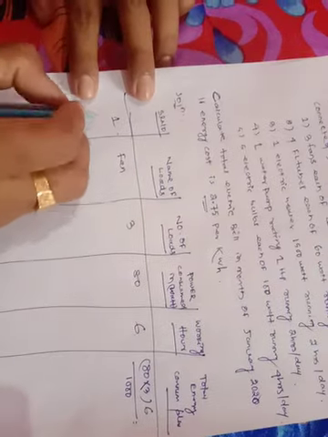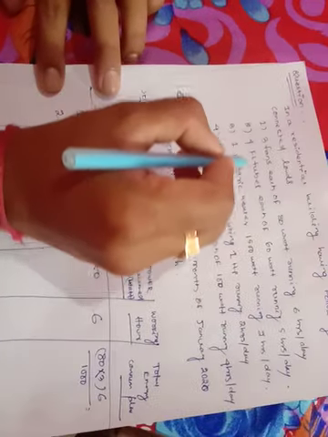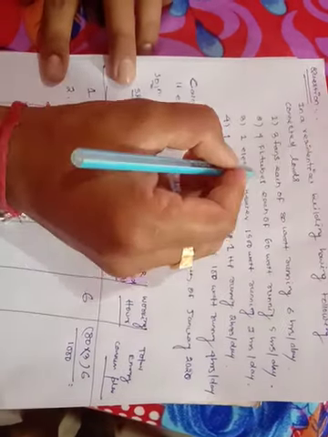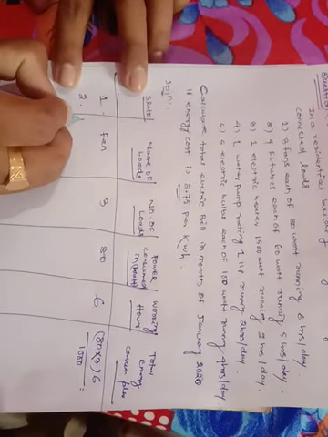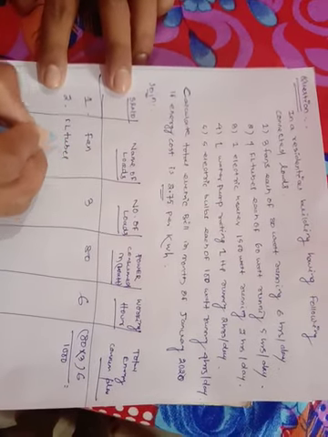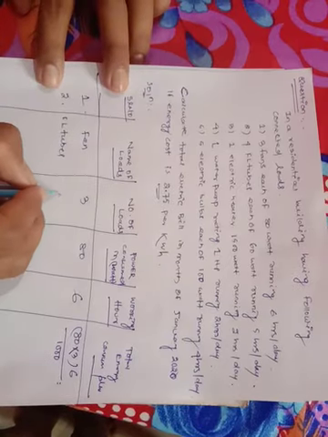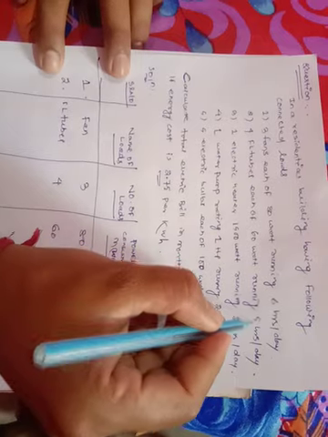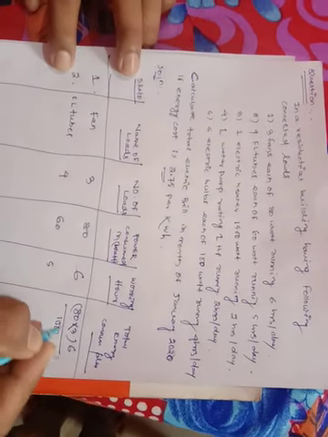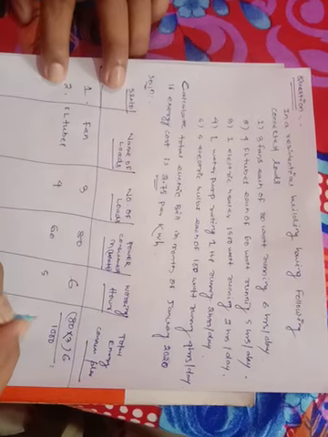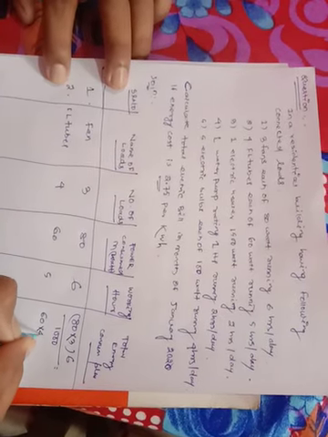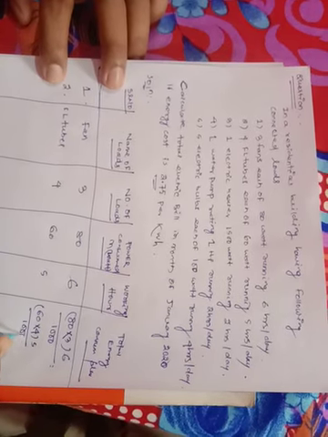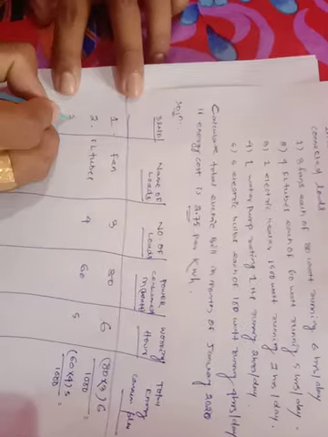Next, number 2 is 4 FL tubes each of 60 watt running 5 hours per day. The name of the load is FL tubes, 4 tubes, wattage 60 watt, 5 hours, so 60 into 4 into 5 divided by 1000.